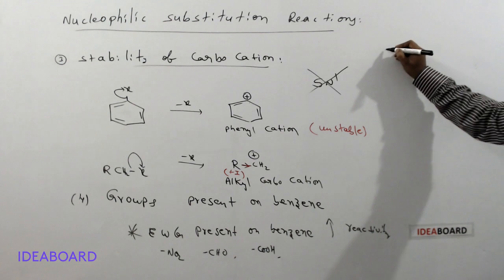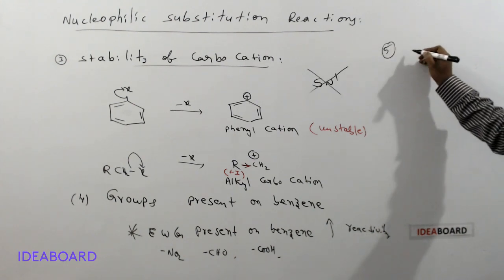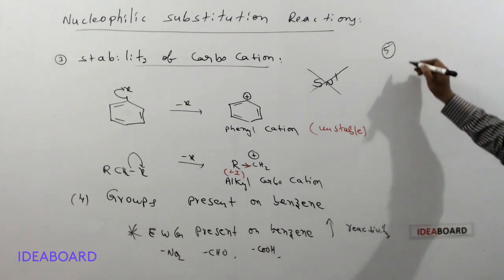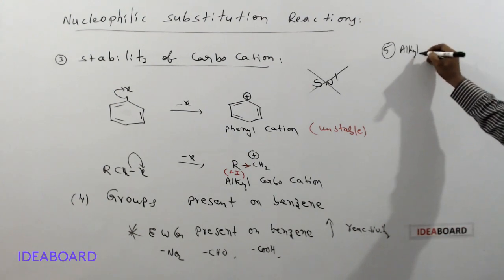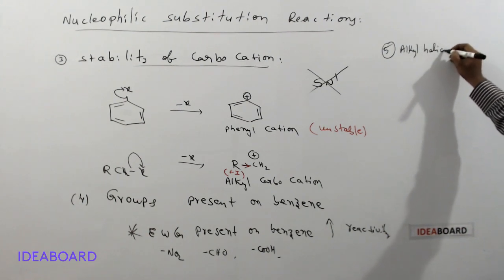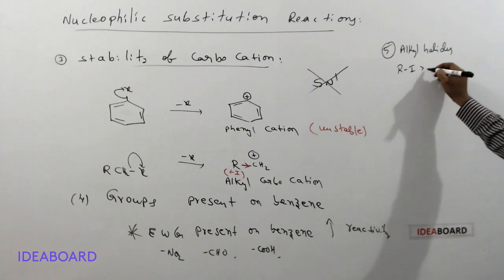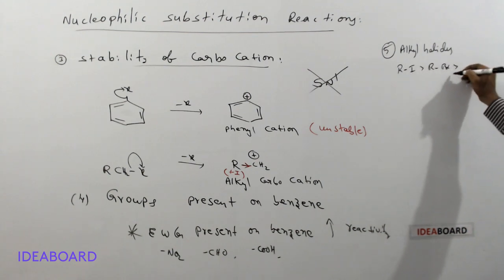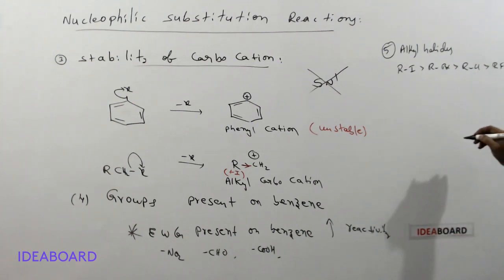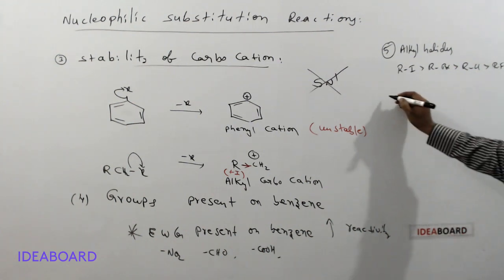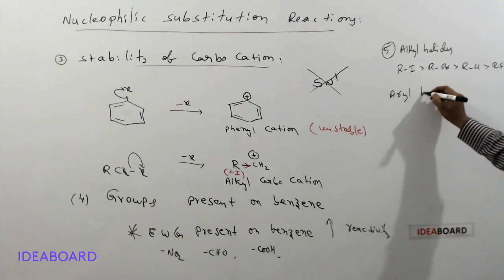Another important point, the fifth point. In alkyl halides, we set the reactivity order. Please see, this is the alkyl halides reactivity order: RI, RBr, RCl, and RF. But in aryl halides, this is quite opposite.